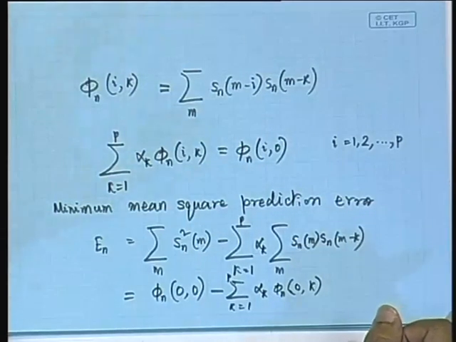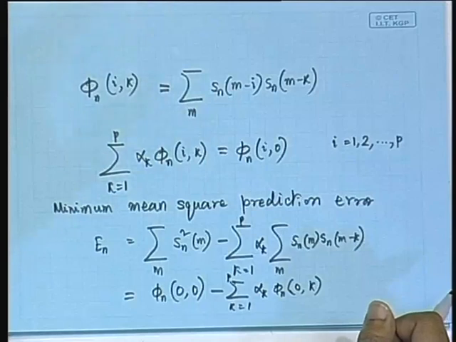Anyway, let us remember this, and we now go over to one of the computational approaches to the solution of these alpha k's, which we will describe as the autocorrelation approach. In fact, there are two very popular approaches.